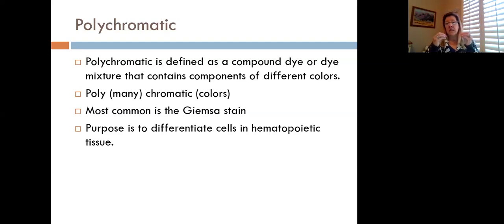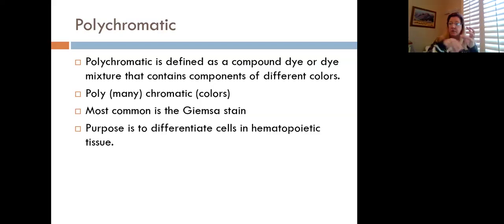The Giemsa stain has multiple different dyes that are different colors that are mixed into one solution. So when you put it on your slide, those different dyes have the affinity and seek out different components in your tissue, okay?